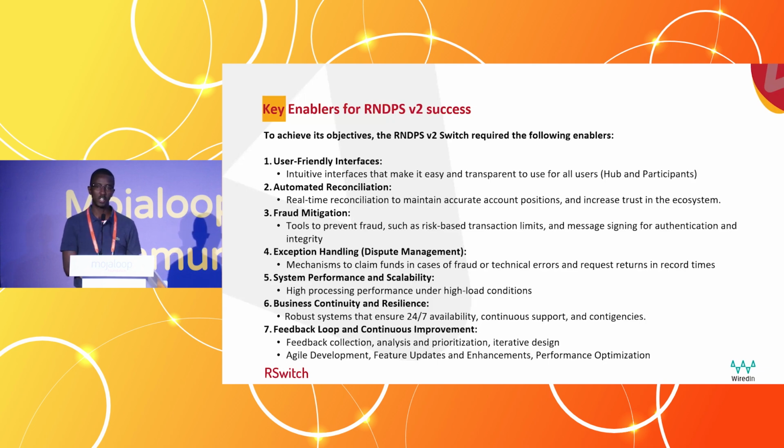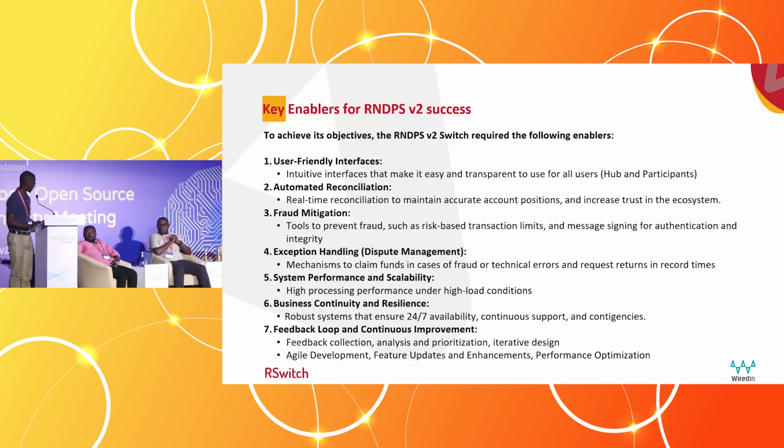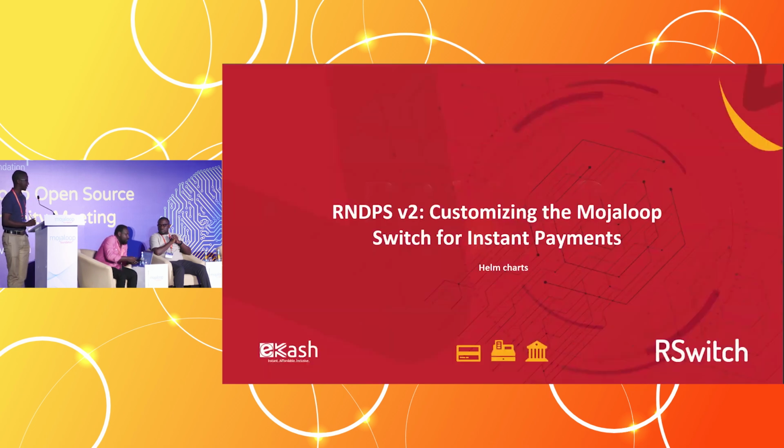In this session, we're going to tell you about some of the changes we made around the Helm charts, which are used to deploy the switch on the Kubernetes clusters. And this afternoon, we'll tell you a little more about the reconciliation and the dispute management modules. So without further ado, I'll ask my team member, Max, to join and give you a look around.